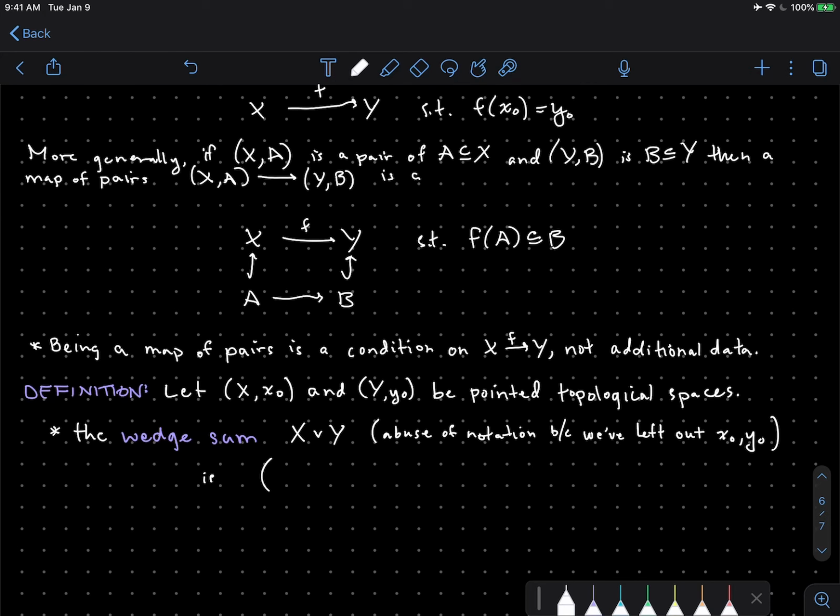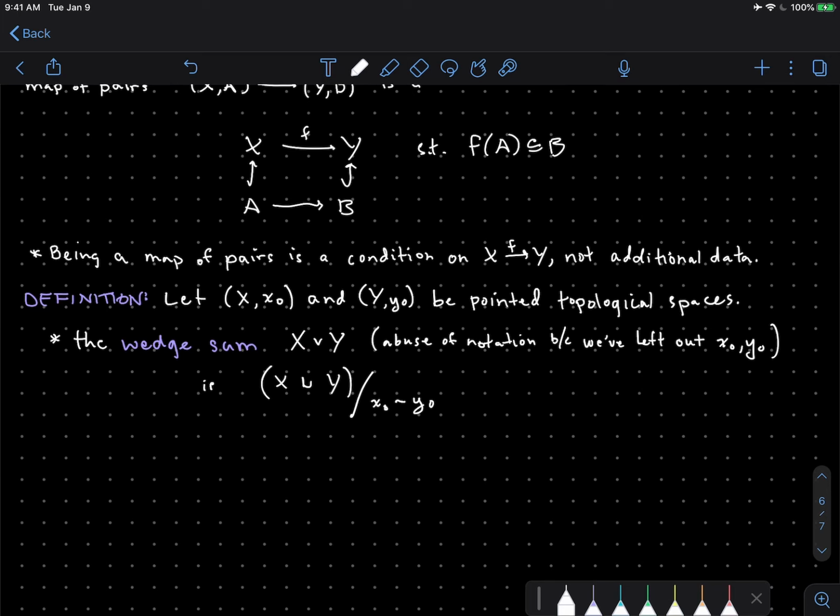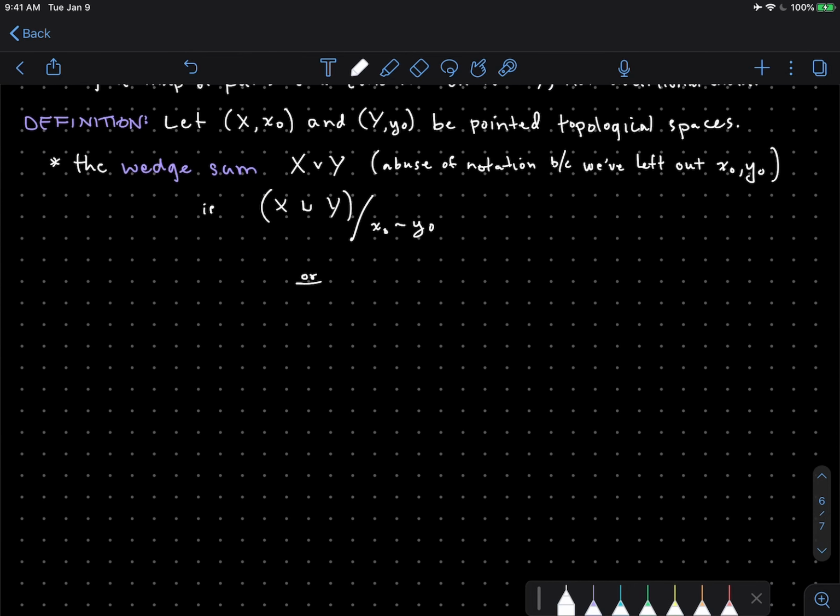First, it could be the quotient space of the disjoint union of X and Y, modulo x0 is equivalent to y0, or we could view it as a subspace of the product, the subspace on those points where either x0 is in the first coordinate or y0 is in the second coordinate.